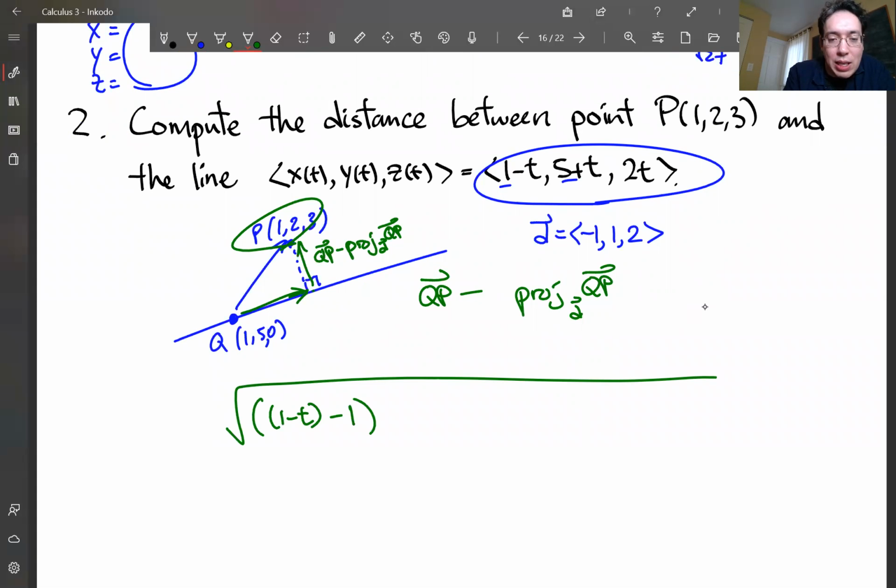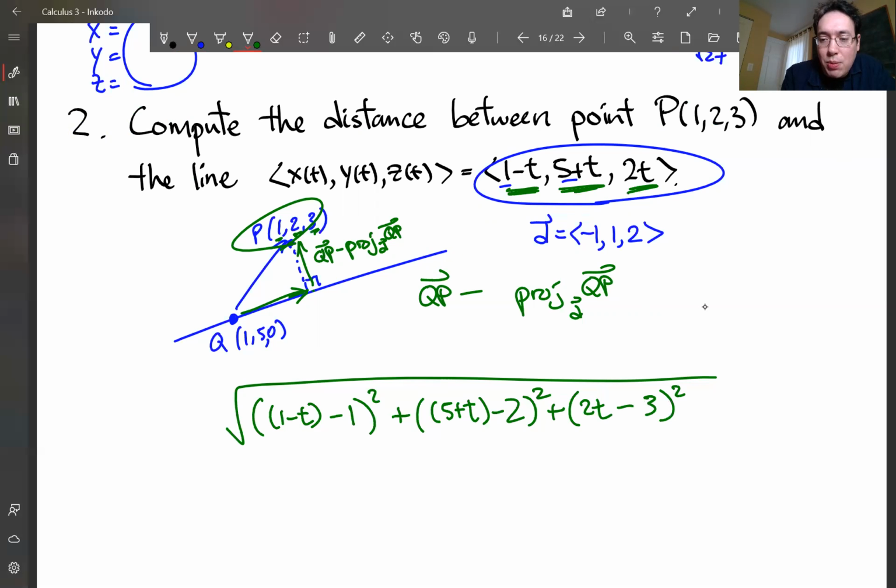So I'm looking at the coordinates on the line, and then I'm looking at the difference with the point 1, 2, 3. 5 plus t minus 2 squared plus 2t minus 3 squared.